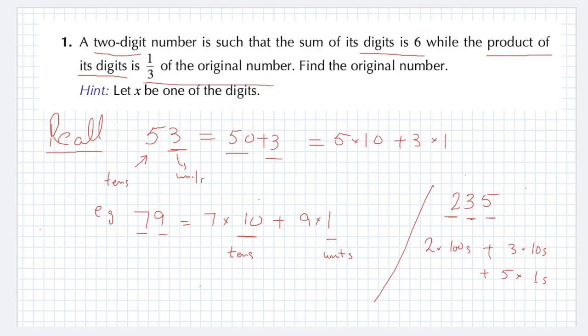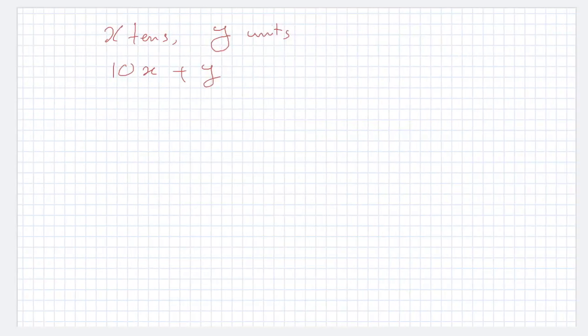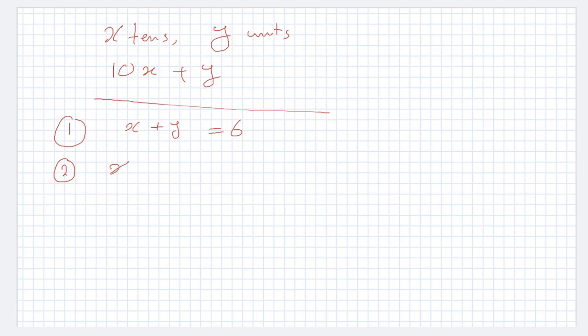Let's write down these two conditions in the form of two equations. I can express the first condition as x plus y is equal to 6, the sum of the two digits is equal to 6. And the second condition: the product of the two digits, x times y, is equal to 1/3 of the original number, and over here my original number is 10x plus y.